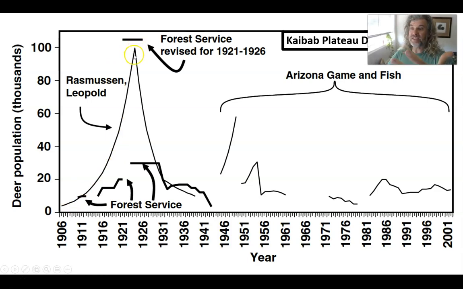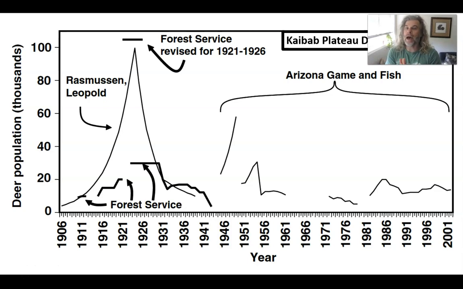Now, these deer rely on forage, grasses, and especially aspen in order to survive in this environment. And there was a big population crash within 20 years or so of the predator removal, and the populations of these deer almost went extinct.